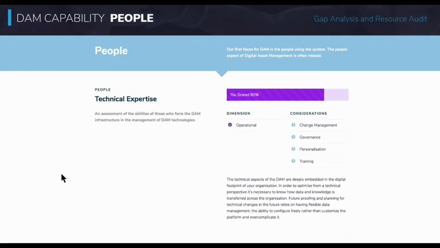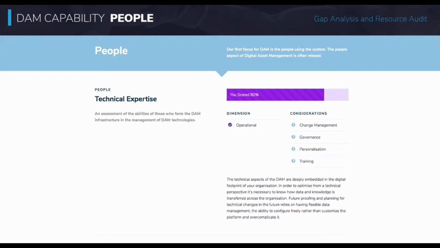So this particular person who took the maturity model quite recently has marked operational for technical expertise. And this is pretty good. We see very few companies at operational and optimal across the industry. However, there is space to improve, and as the description says, in order to optimize, you need to look more closely at data and knowledge transfer.